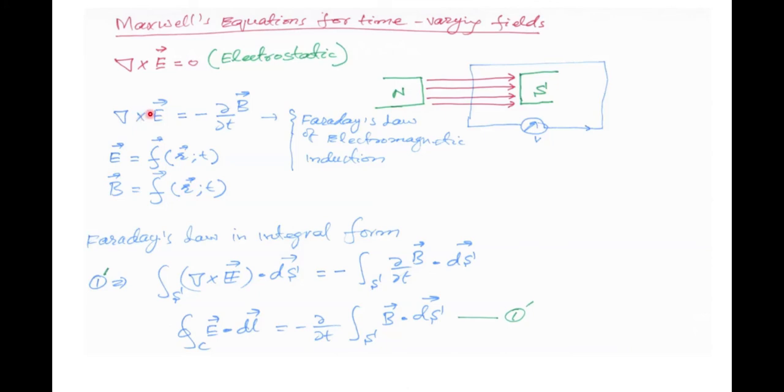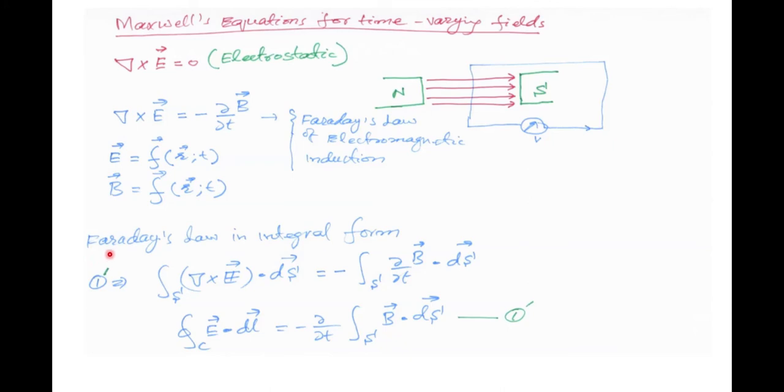This is how to write Faraday's law of electromagnetic induction in differential form. By including this auxiliary source, we can modify the del cross E equal to 0 relation for electrostatic fields to time varying fields.